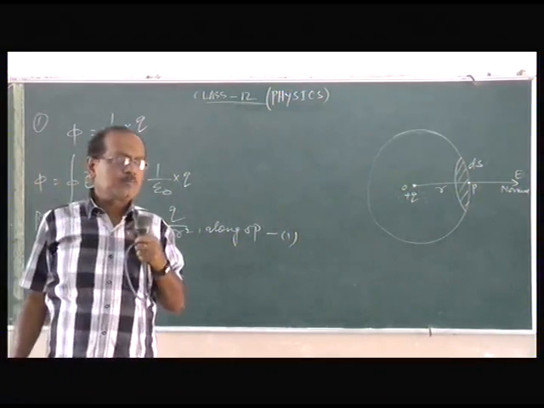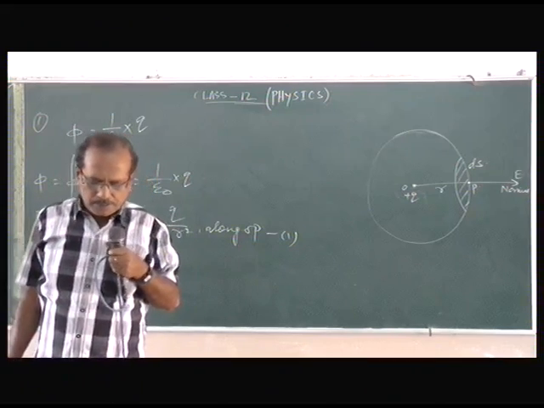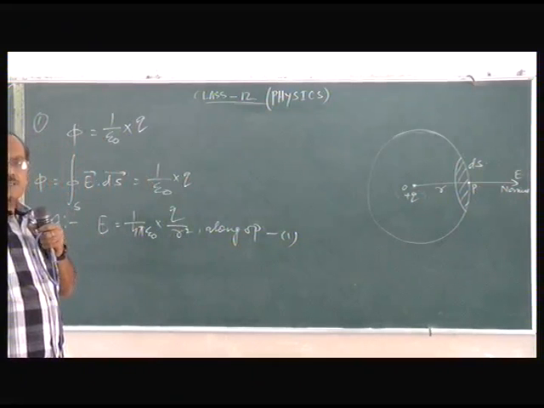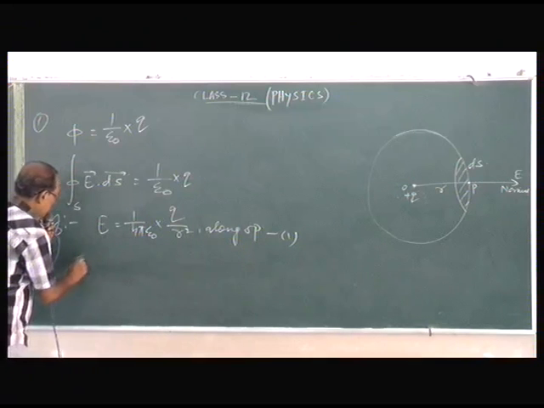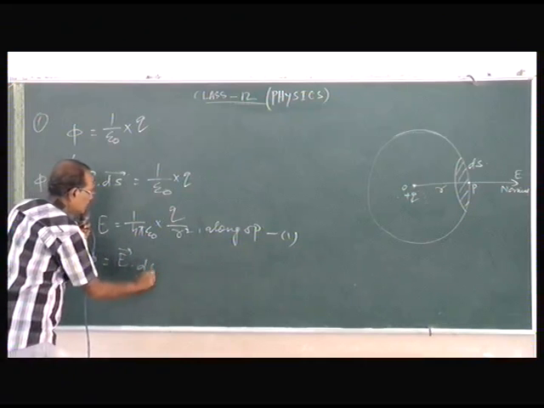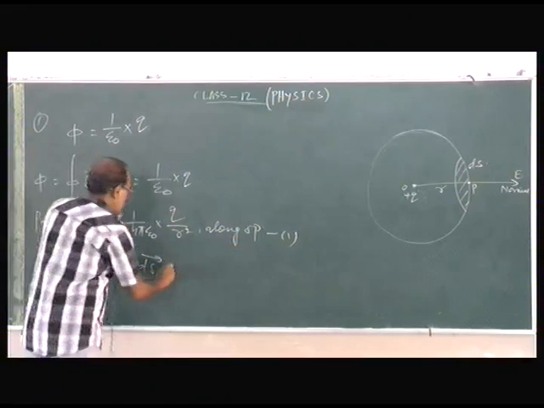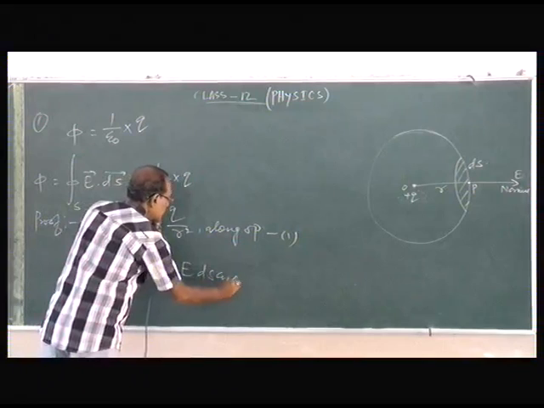Now, the electric flux through the surface ds, say d phi, is equal to E dot ds. That can be written as E ds cos theta.